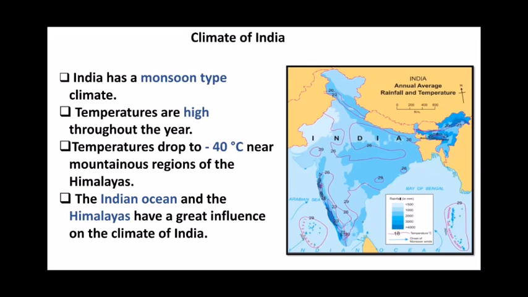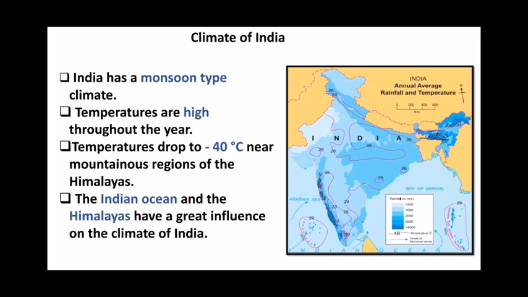So children, did you notice this? In Brazil, the temperatures decreased towards the south, whereas in the north, it increased because of the equator. But in India, the temperatures in the south increase. That means it is hot in the south and cold in the northern region.